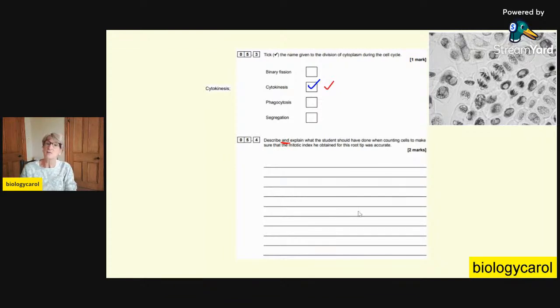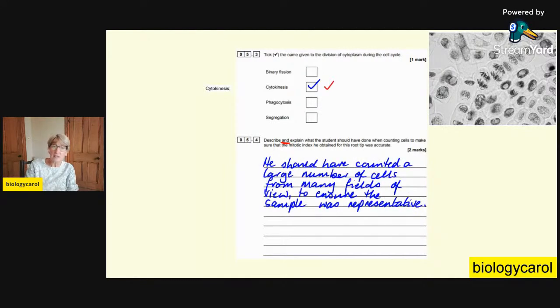So I said that he should count a large number of cells using a large number of fields of view to ensure that his sample was representative of the whole root tip. This word here is a really useful word to use in answers when you're talking about taking samples of the whole.